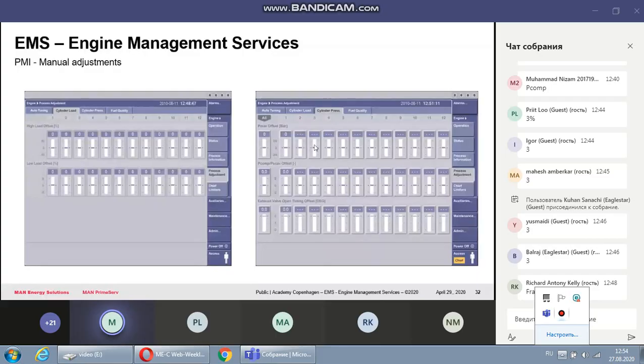Very, very important. Okay. And just to summarize this, first thing you have to do, you need to match your estimated engine load with the actual engine load. Then you receive the data. If you don't have an online PMI system, then you take the measurement manually.